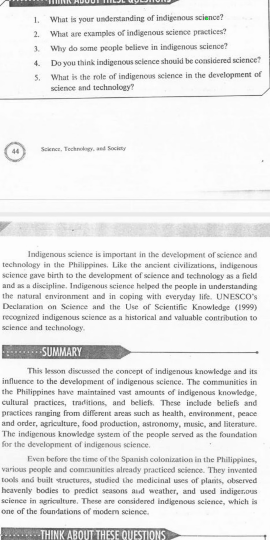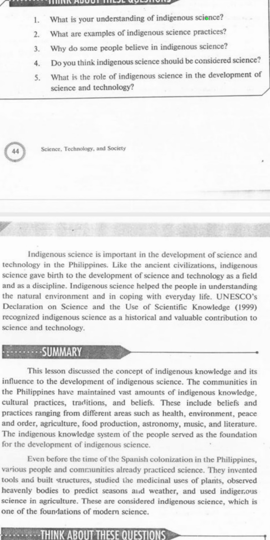That's why I'm saying a while ago that in science, we cannot create experimentation if there's no historical background. Indigenous science, or the IKS or indigenous knowledge system, is our historical background. Without that kind of science, we cannot explain what science literally is or how we can define science.